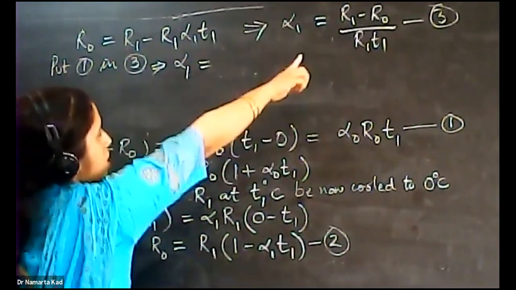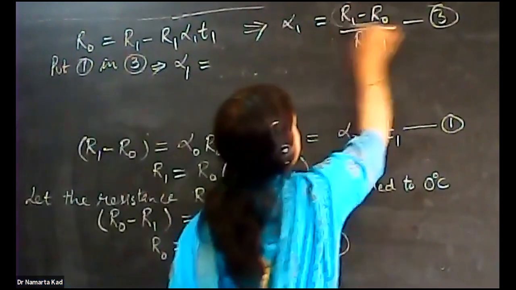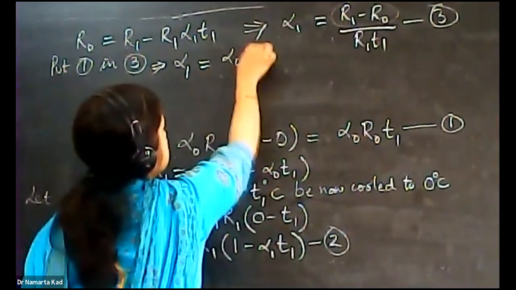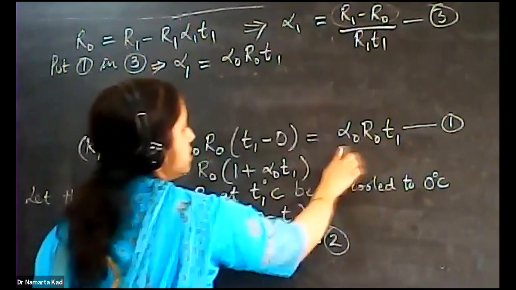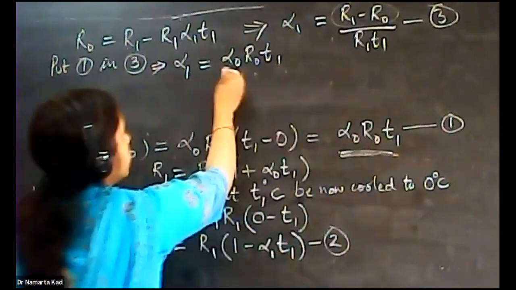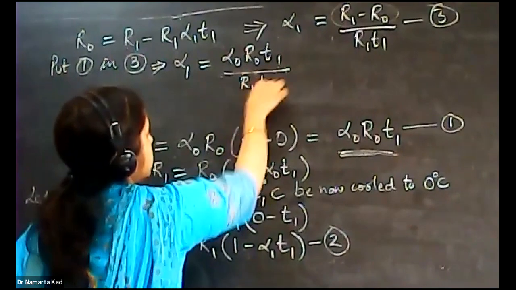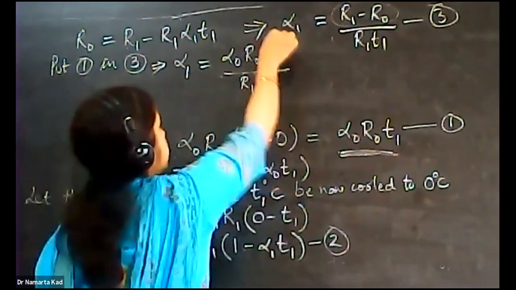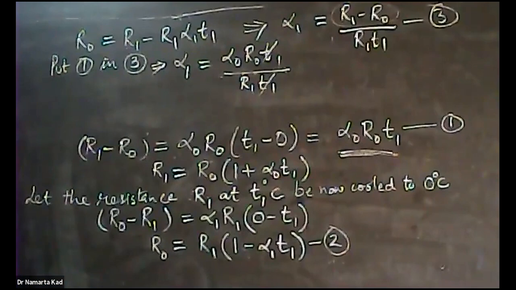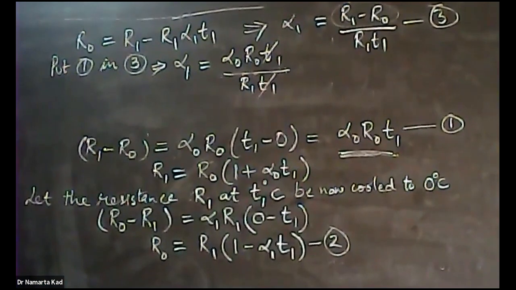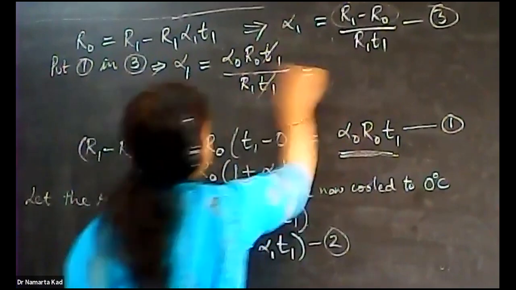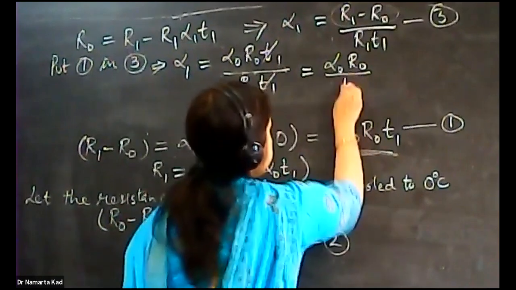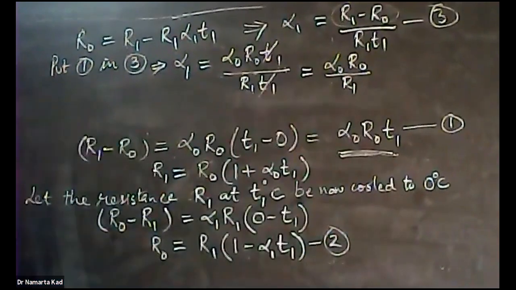So equation number 3 is alpha 1 equals, what is R1 minus R naught? यहाँ पे put down करना है. So R1 minus R naught is equal to alpha naught R naught T1, divided by R1 T1. ठीक है, तो यहाँ पे T1 कैंसल आउट हो जाएगा, and it can be written as alpha naught R naught divided by R1.